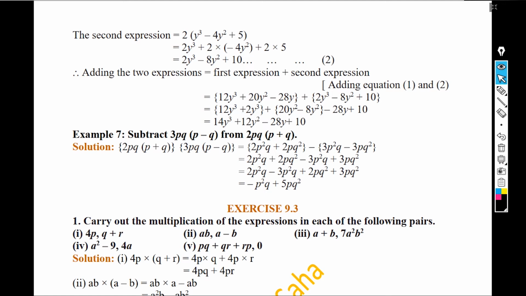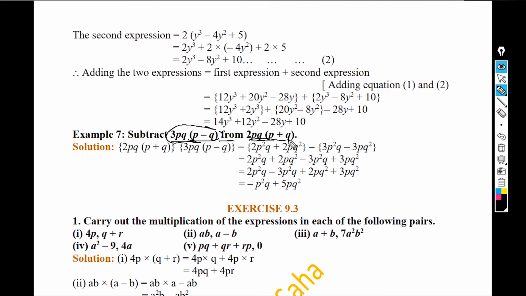Here you have to subtract, but remember one thing: in case of subtraction, read carefully. Subtract this from this. That means you have to subtract this polynomial, product of two polynomials, monomial into binomial.